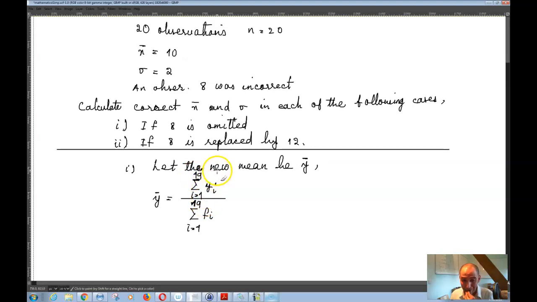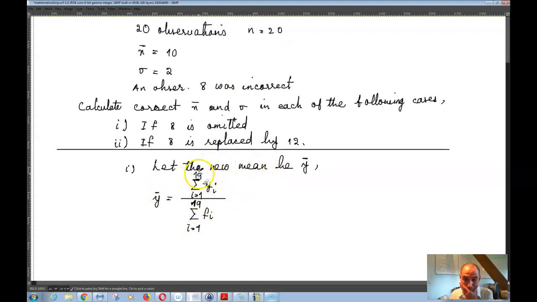Now over here I need to calculate the sum of Y of i. If I can calculate the sum of Y of i, then I can calculate Y bar, since the sum of f of i is already given to me. It's 19.